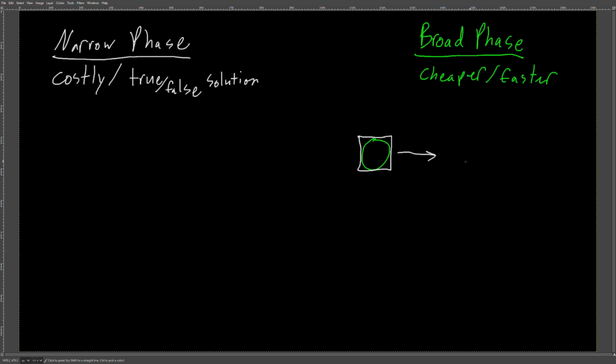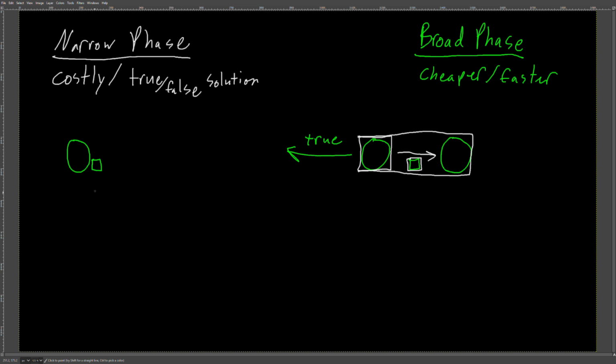The broad phase is essentially looking at a step of motion of a body and creating a conservative bounding volume for the starting location and the ending location of that body. And what we do is, if we find another body within that conservative bounding volume, then we say, okay, it's worth going and doing a narrow phase collision detection as well.